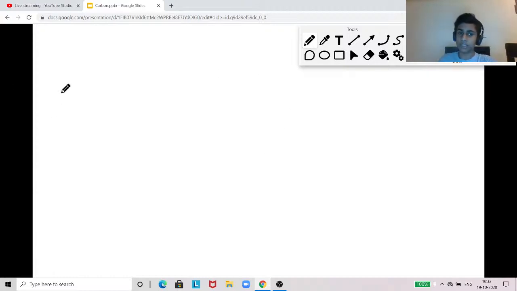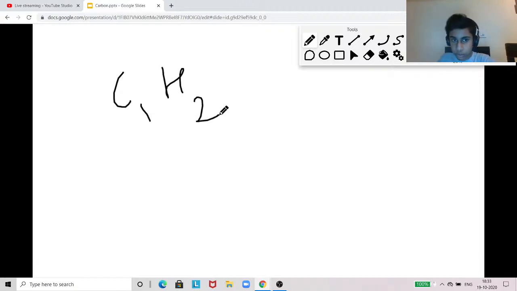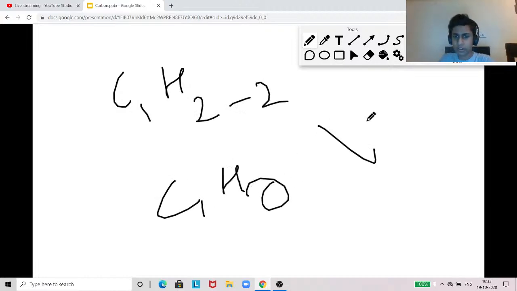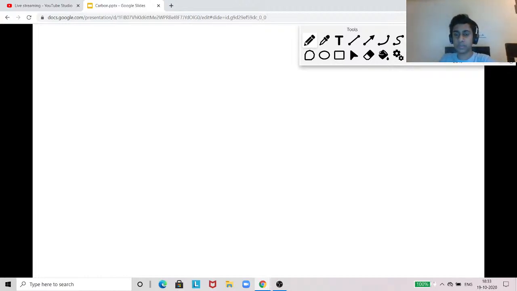And why is ethyne not possible for one carbon? Same thing: C1H(2-2) is C1H0, it's just C. That's not possible, right? That's why methane is basically not possible here. Let's see ethene and ethyne.